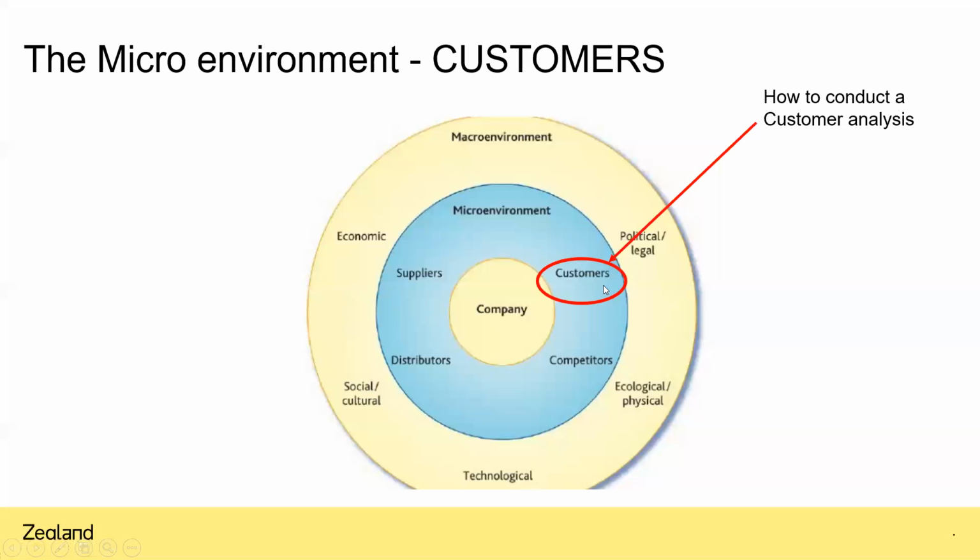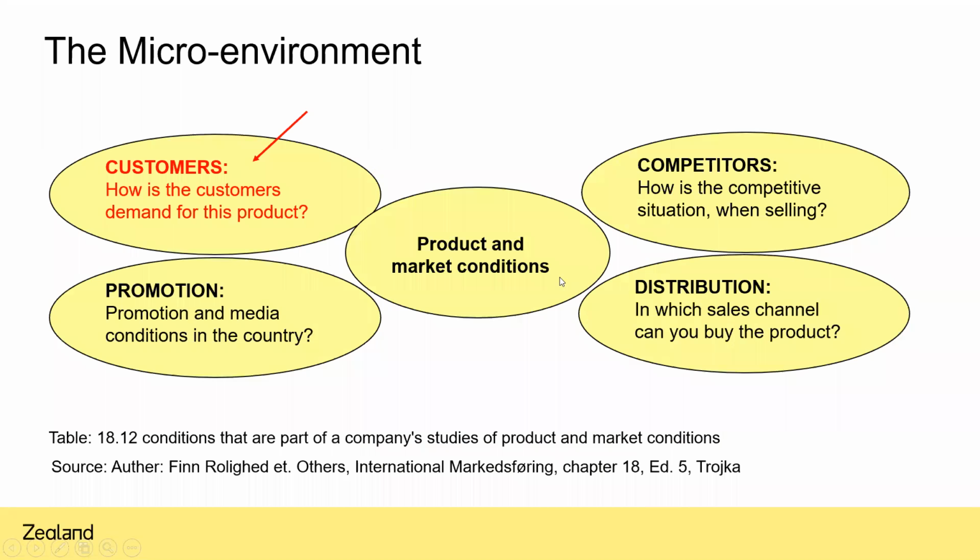And as I said, now we have reached the microenvironment about customers. We still use the model about product and market condition, and you can see it has 4 headlines, and our part for now is to focus on how the customers demand, which kind of demand the customers have for your particular product that you want to do export for.